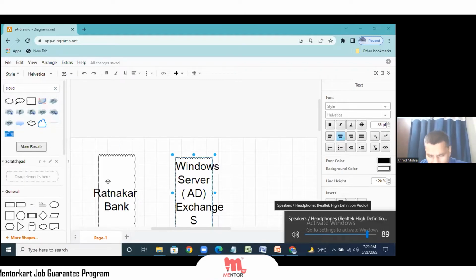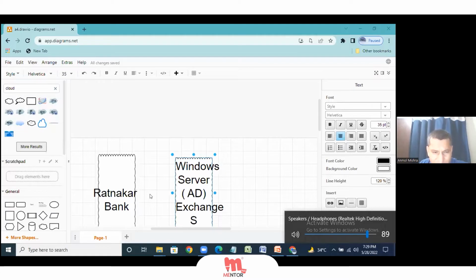I hire you as an IT manager, and one day I say, ABC or XYZ, I want to deploy all my written work, all my hard copy work in the computer, and I will manage all the things with the help of computer. So, what is your solution?